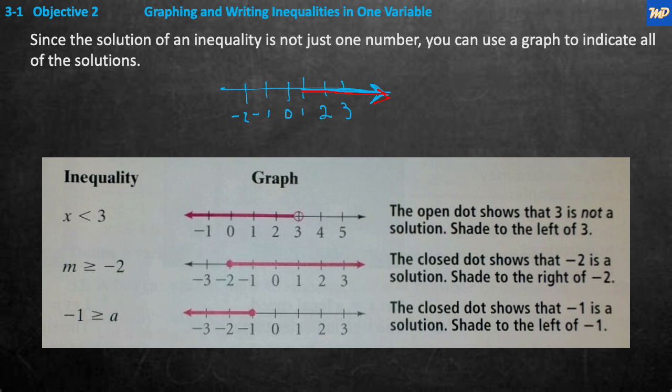Well, if there's a solid dot on the 1, it is included. Let's pretend this started at -1 now. Instead of greater than or equal to 1 right here, greater than or equal to 1.